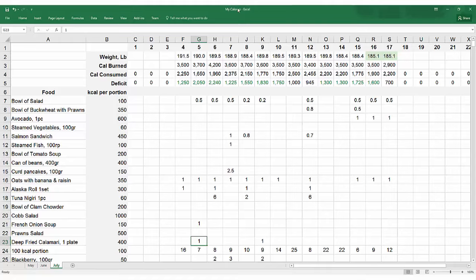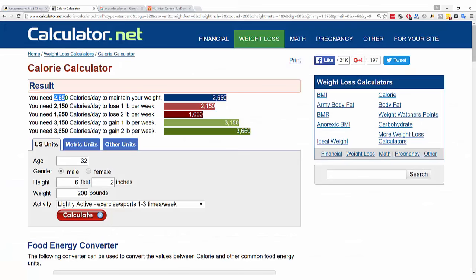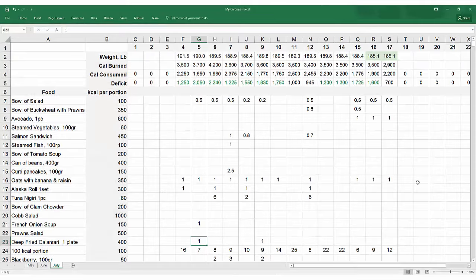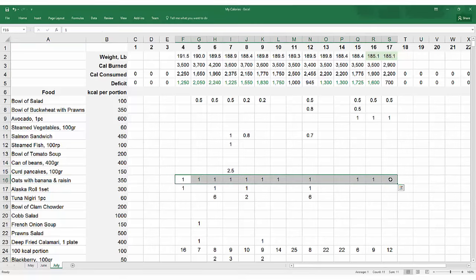And let me show you something else. How you can figure out how many calories in something. As you can see, I have a list of products here, and this is what I usually eat, and the portions here. And the way I calculated that, for example, let's take this one, oats with banana and raisin. That's one of my favorite breakfast meals, and as you can see, I eat it quite often, almost every day.